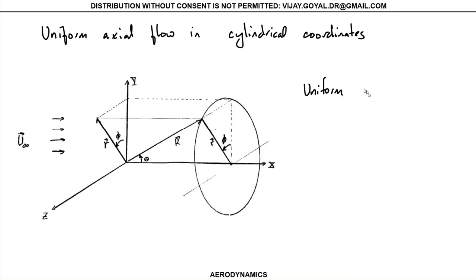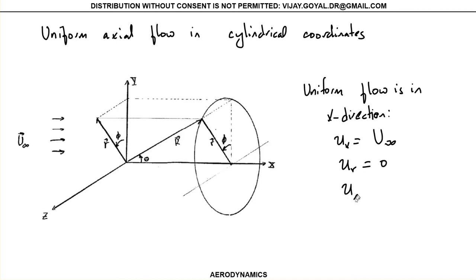The uniform flow is in the x direction, and that gives you u of x equals u infinity, u of r is 0, and u of phi is 0. Remember, I'm using phi instead of theta. Then later we will put everything in the coordinate system that we are used to.